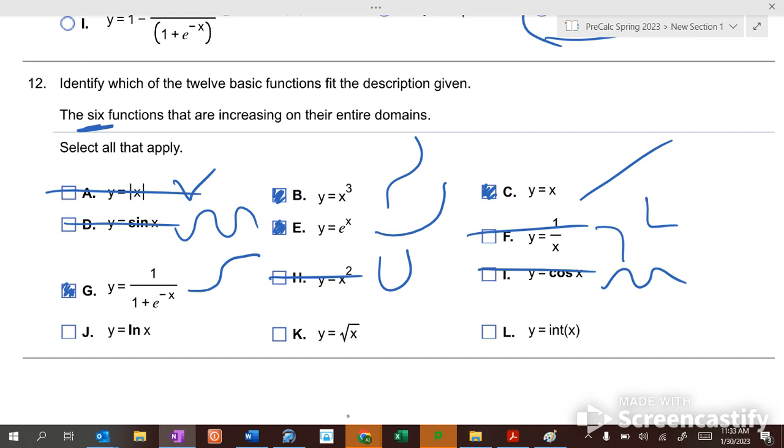I think so. I think natural log goes like this, right? Square root of x. Yes. And yes. The greatest integer function. It's a constant a whole bunch. So 1, 2, 3, 4, 5, 6. We got all 6. Okay?